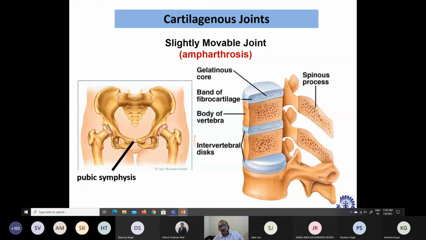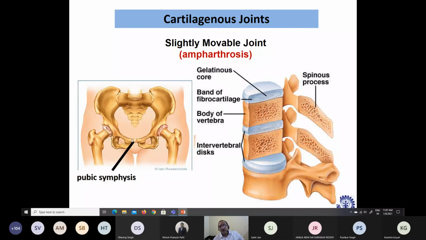So the pubic symphysis, that is the joint where the two pelvic bones from two sides actually meet. This is a very important joint as far as the mechanics of the pelvic bone is concerned. So this is known as pubic symphysis. So this is a connection point, a joint which is slightly movable.